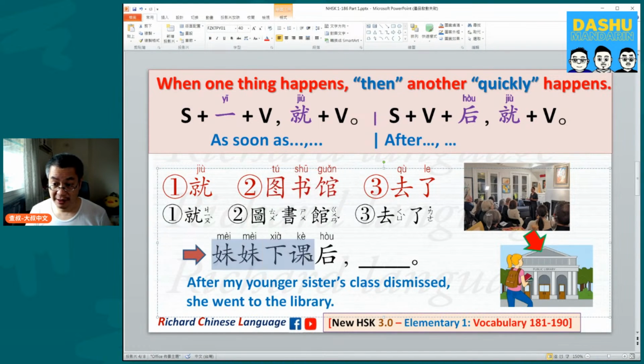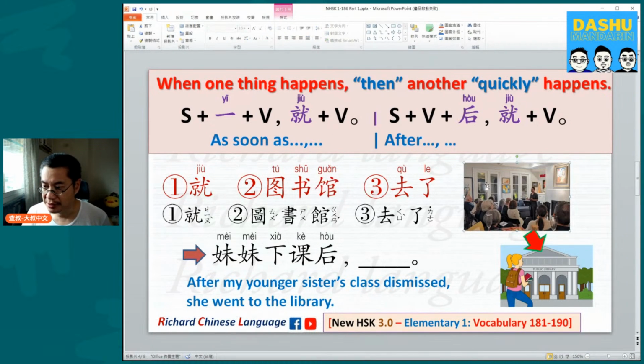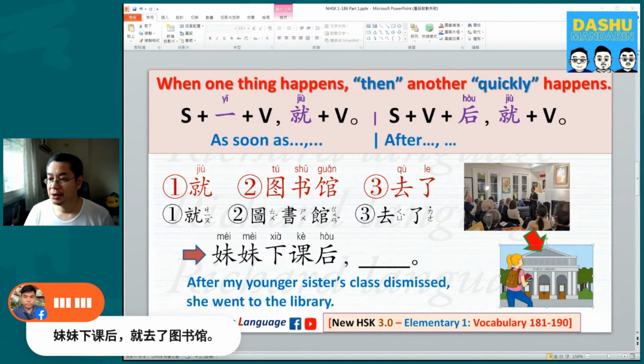So it's like one thing happens and after that the other happens as well. That's a similar scenario. Feel it: one thing happens and then another does. 妹妹下课后就去了图书馆. Very good.